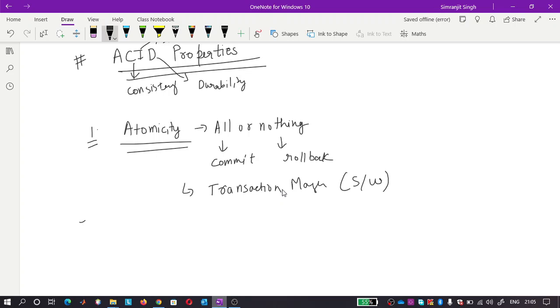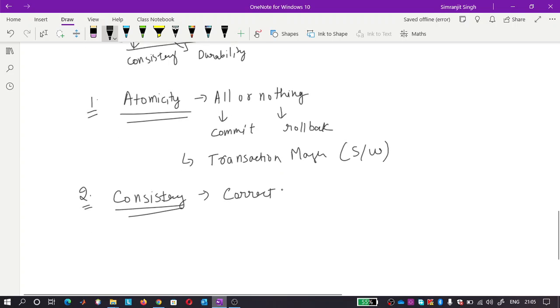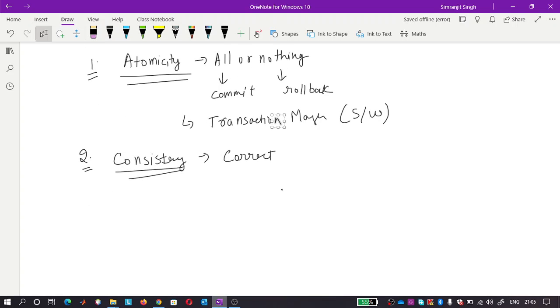Another is consistency. In simple meaning, it means that it should be correct. It talks about the correctness of the operations. What do I mean by this? Suppose the value of A is 100 and the value of B is 200.